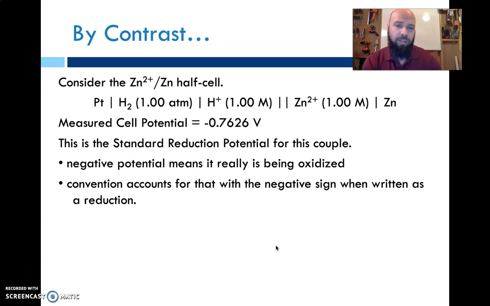So the convention is that you always write it as the reduction reaction, as I stated, which would be negative 0.7626. But in this reaction, the zinc would be oxidized spontaneously. That's why it's a negative standard reduction potential.